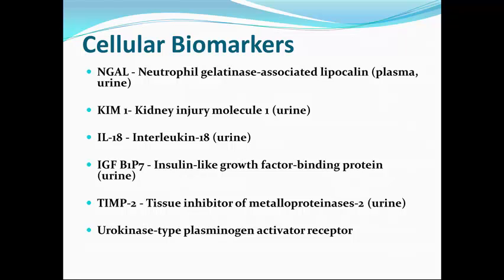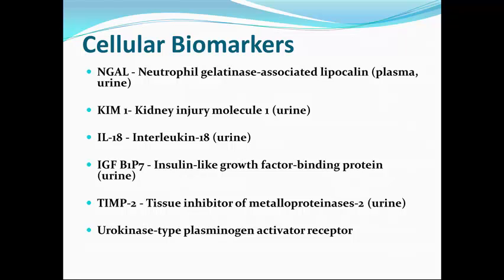Now, it wouldn't be much fun if we didn't talk about some of the new stuff that's happening. There has been an explosion in the last 5, maybe even 10 years, in cellular biomarkers. Cystatin C and creatinine are functional biomarkers, just as urine output is certainly a functional biomarker.